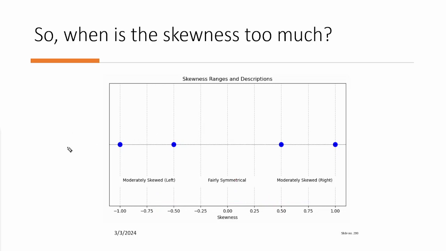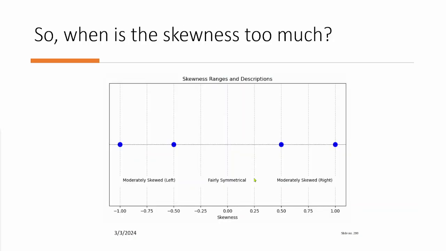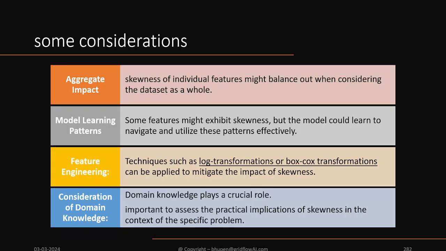As we discussed, this is all context dependent. Do we fear skewed data too much from the machine learning side? Skewed data can pose some challenges in machine learning, but it's important to really understand the context. You cannot apply a blanket rule. Understanding the implications and the appropriate strategies is important.